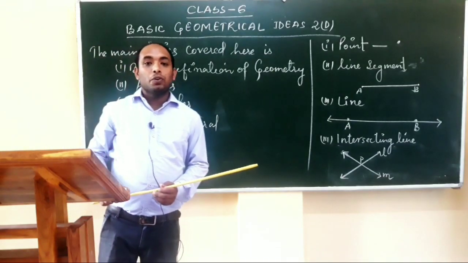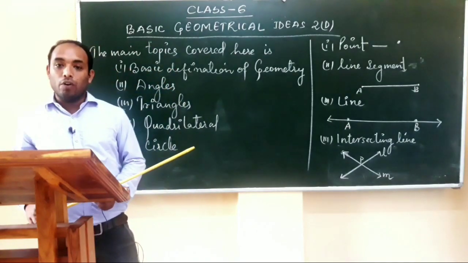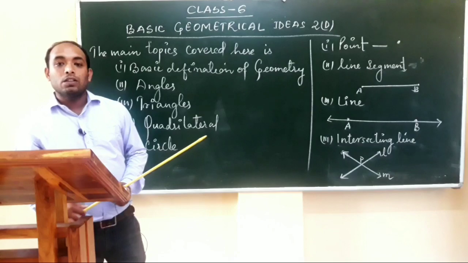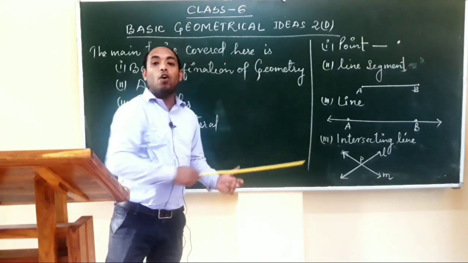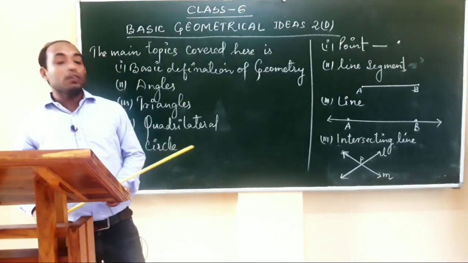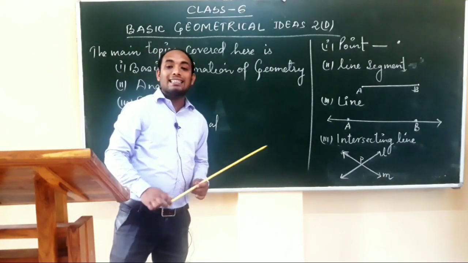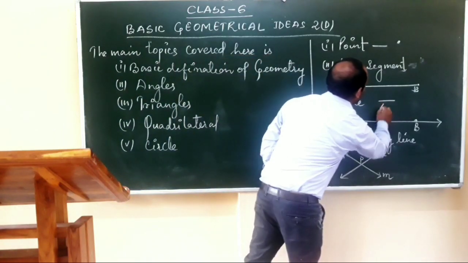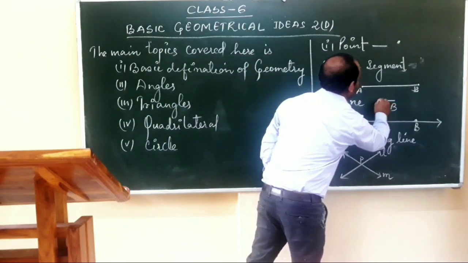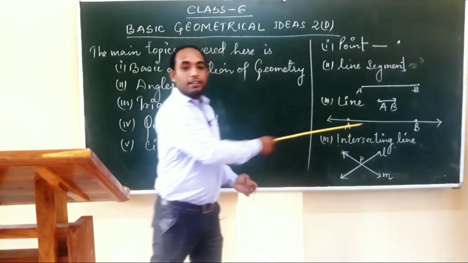You can draw it in your notebook. This shows that it is a continuous line on both sides. So this line is represented as line AB.